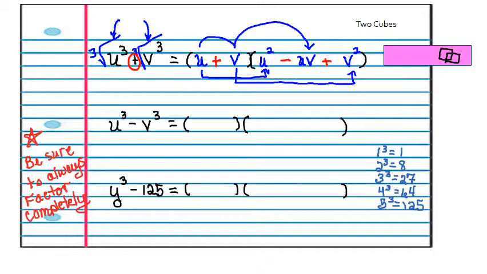All right, same thing happens when we have the difference of two cubes. You always see if you've got a perfect cube root up front and back. And like before, we just get that cube root and the cube root, and they will go up front. Same thing, we're going to square the first guy.